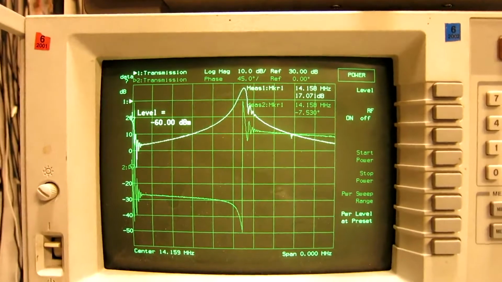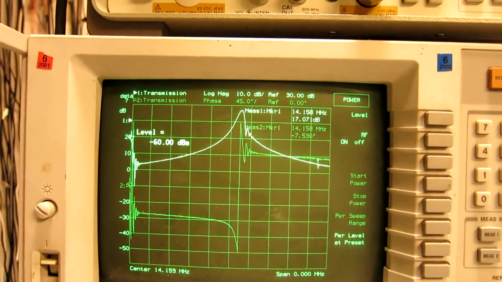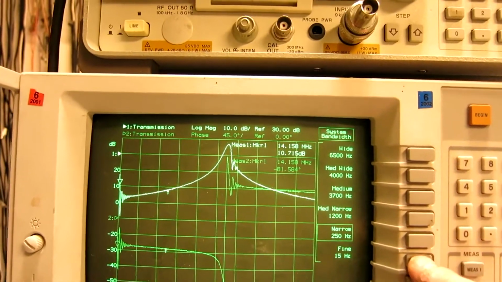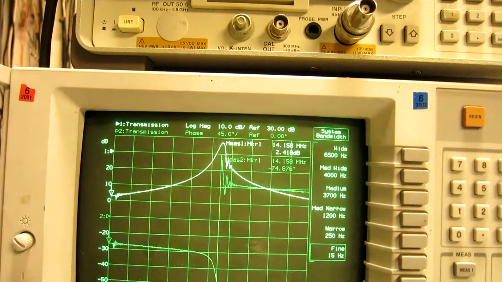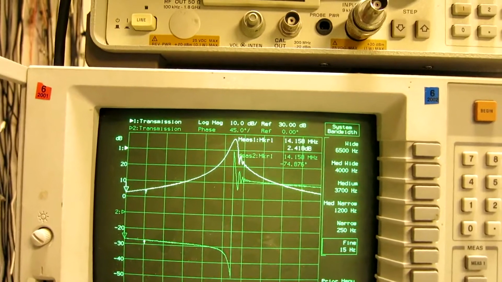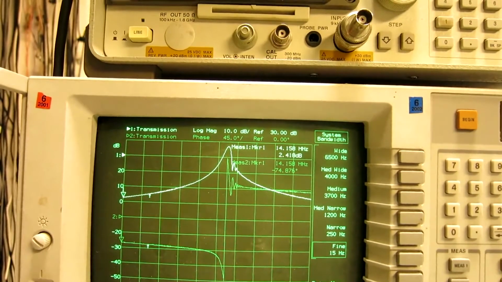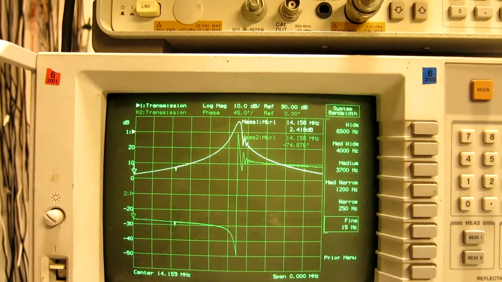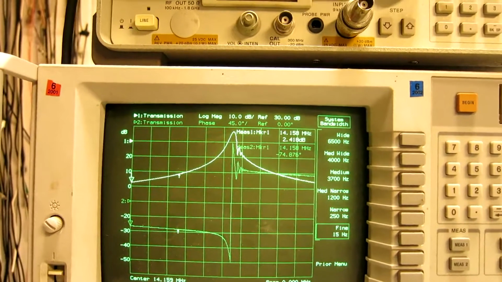No. Average system bandwidth, run it slower. The bandwidth is so narrow, so I have to run very slowly to get the correct display of the frequency response.